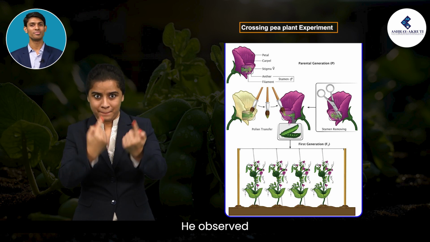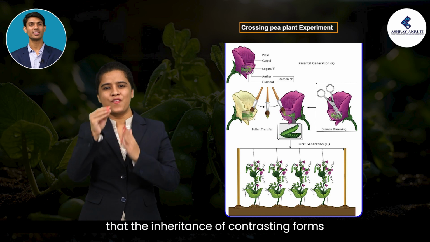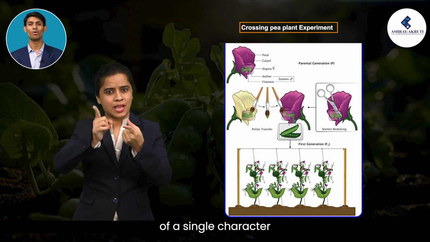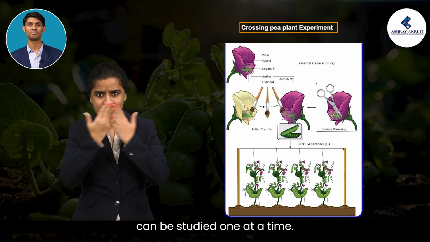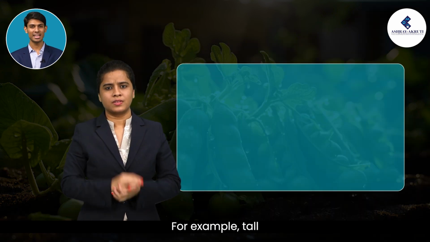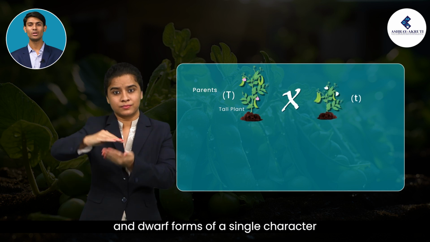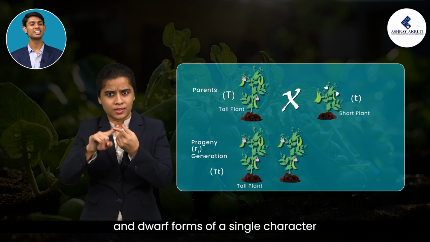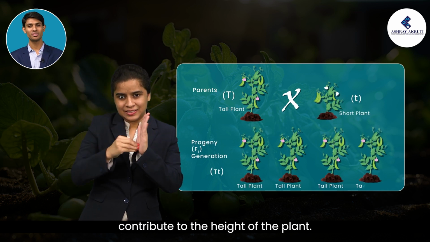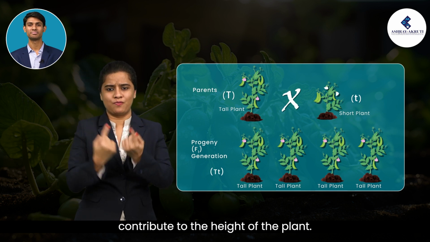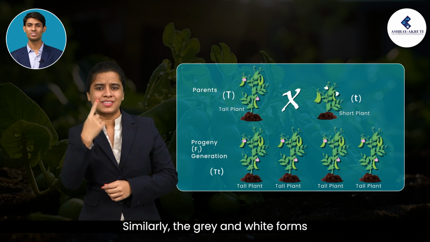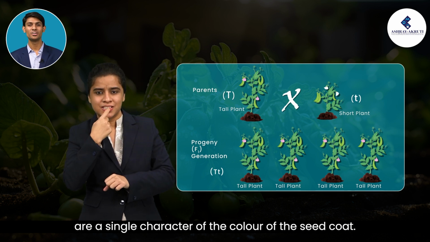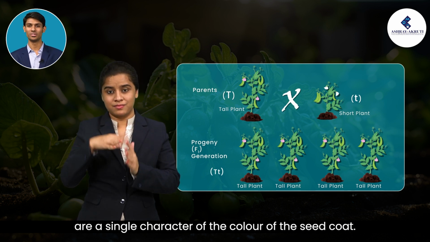He observed that the inheritance of contrasting forms of a single character can be studied one at a time. For example, tall and dwarf forms of a single character contribute to the height of the plant. Similarly, the grey and white forms are a single character of the color of the seed coat.